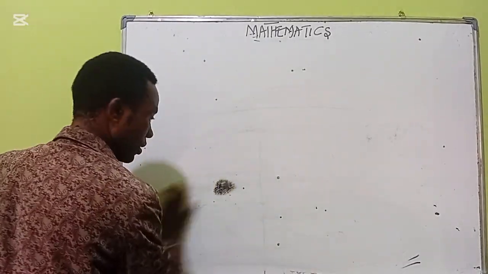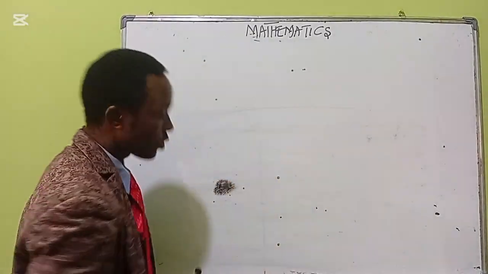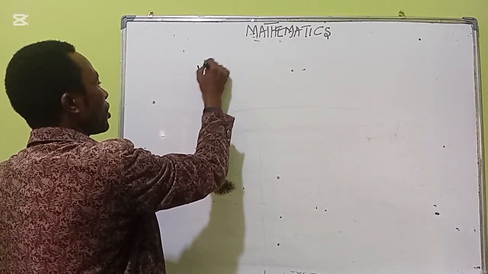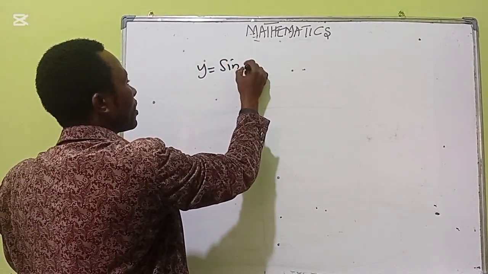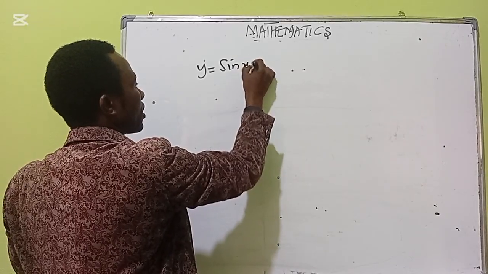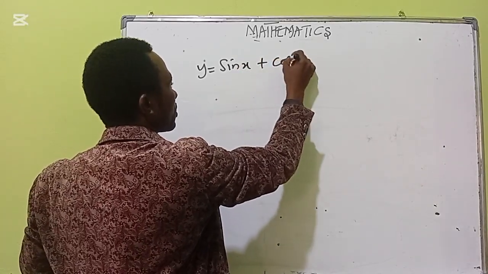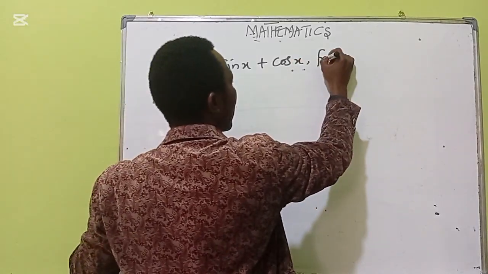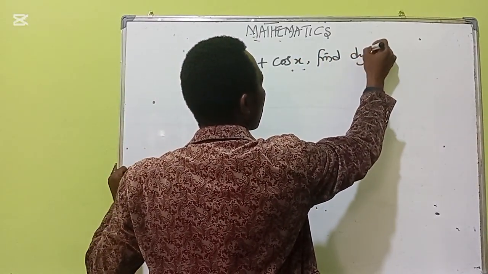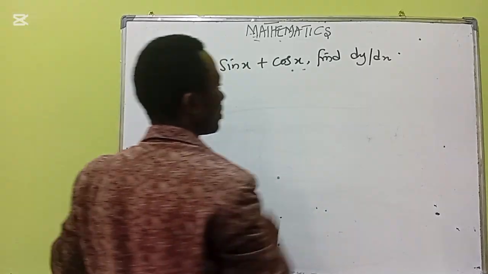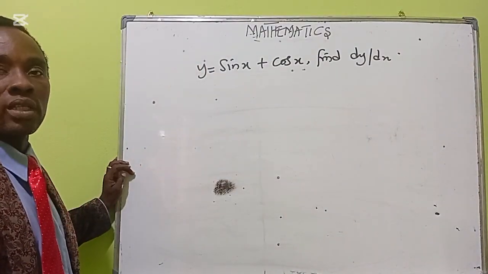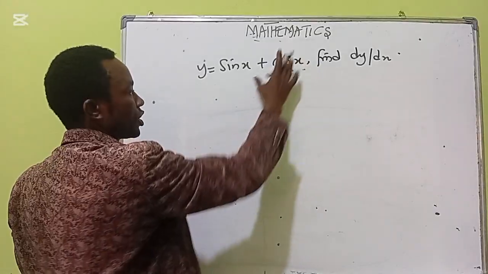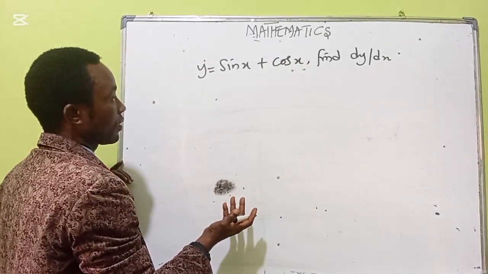Let's say you have y equals sine x plus cos x, and they say find dy over dx. What this simply means is you should differentiate this and differentiate this, and sum the two of them together.